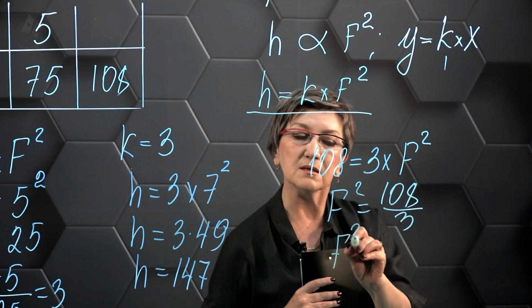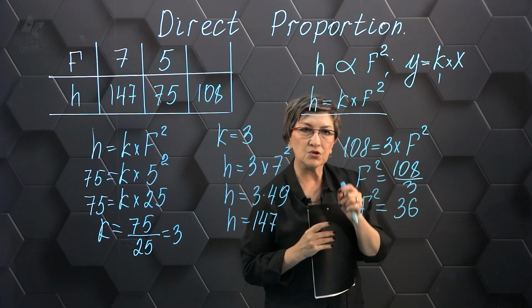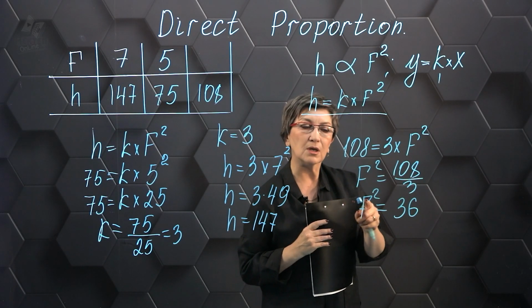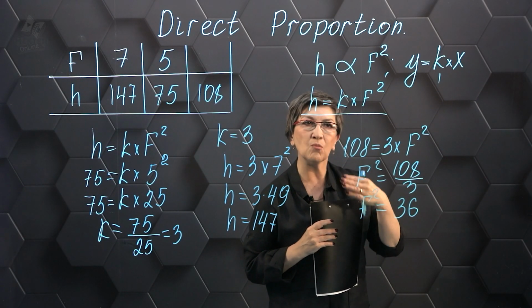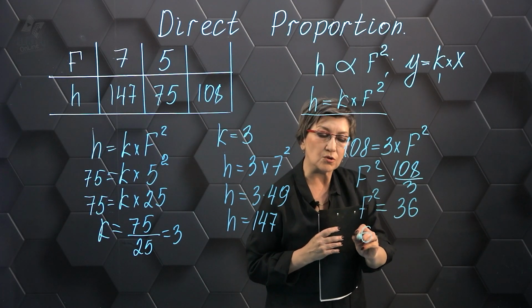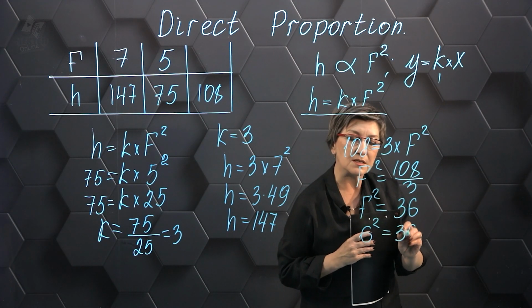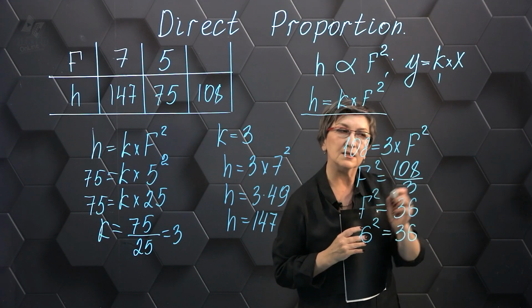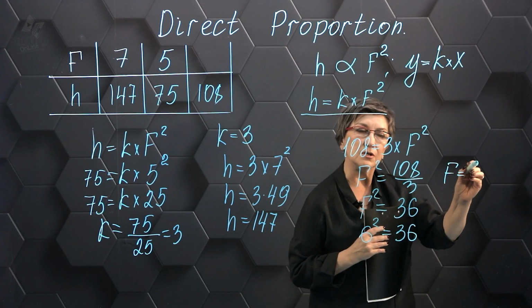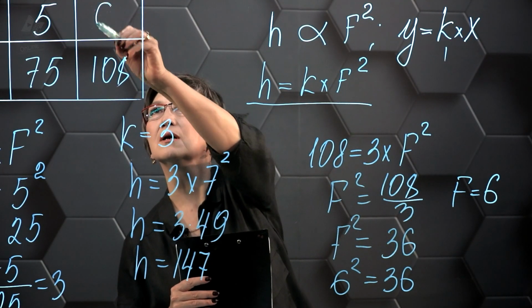And f squared will equal 36. We need to find a number that when multiplied by itself gives 36. And you and I know that's the number 6. 6 squared equals 36. Then f equals 6. Let's put this value in our table.